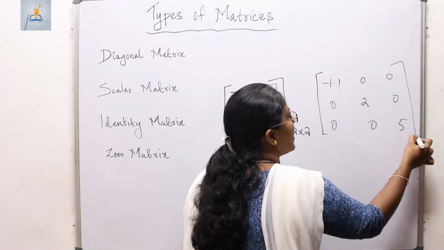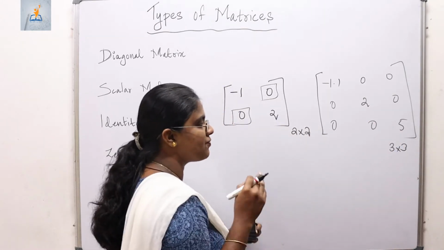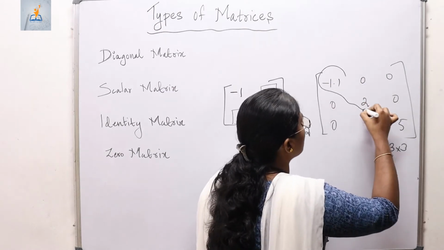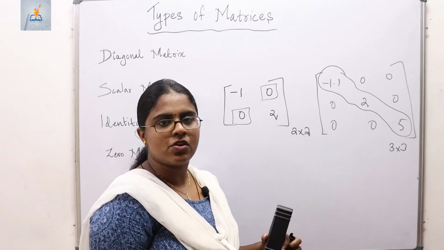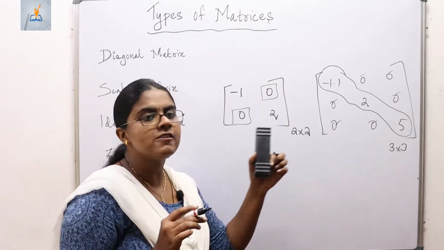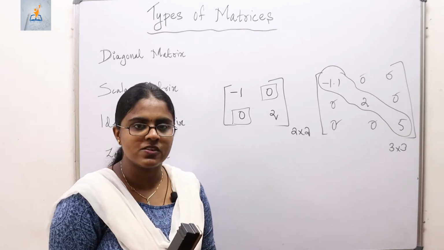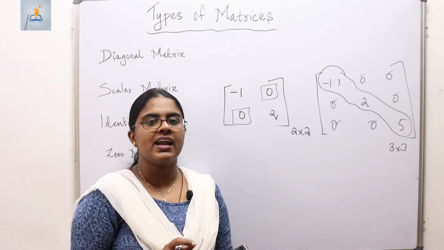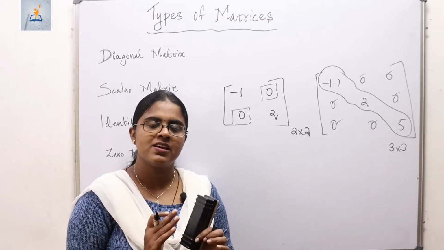So we can clearly say that this is a 3 by 3 matrix because it has 3 rows and 3 columns. And which are the diagonal elements? They are negative 1.1, 2 and 5. So look at the non-diagonal elements of this matrix. They are all zeros. So in this particular matrix also, all the non-diagonal elements are 0. So this is a diagonal matrix. So always remember that a diagonal matrix is a square matrix whose non-diagonal elements are always 0.